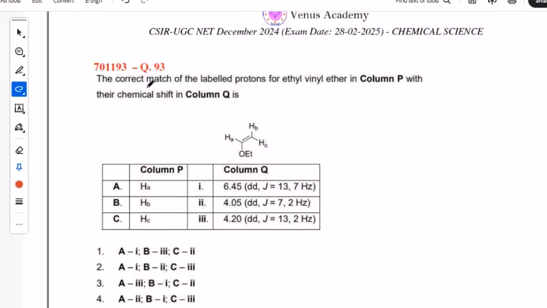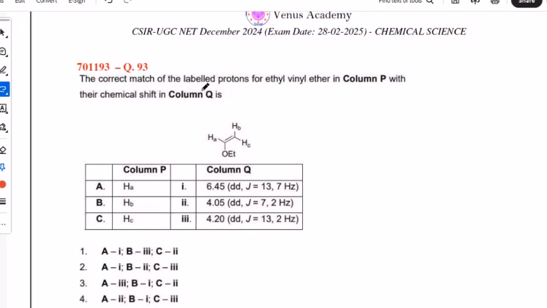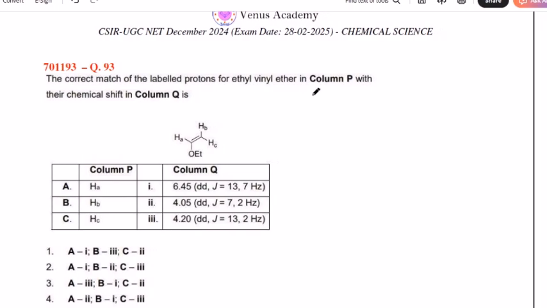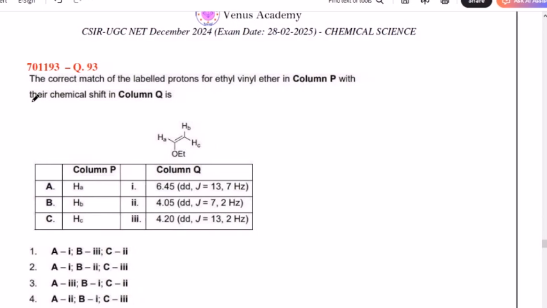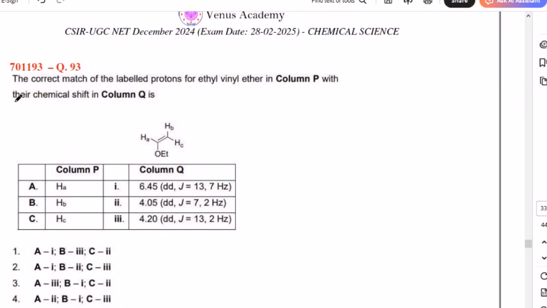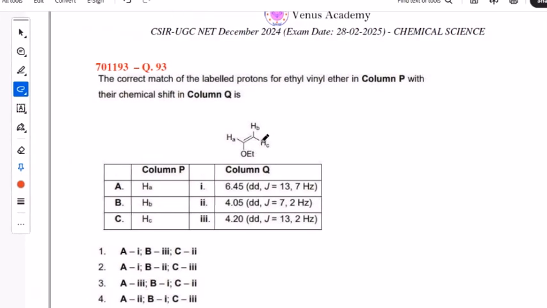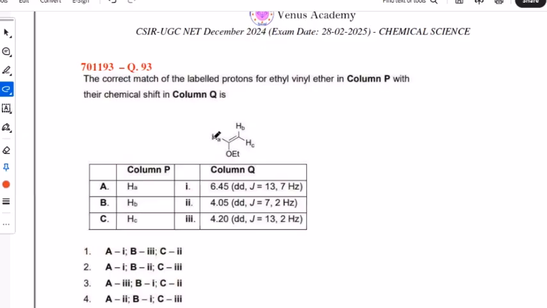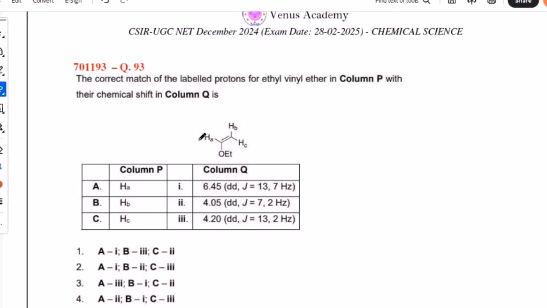Next, question number 93. The correct match of the labeled protons for ethyl vinyl ether in column P with their chemical shifts in column Q is, so this is ethyl and this is vinyl ether. So how many protons are there here? 3 protons, very specific.